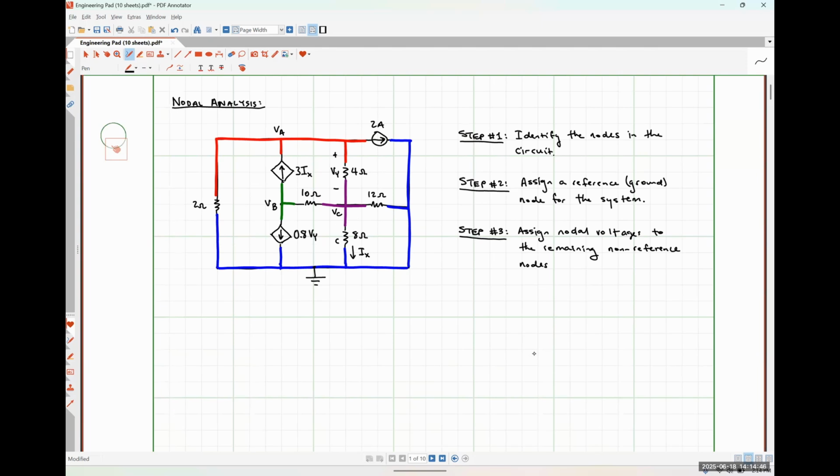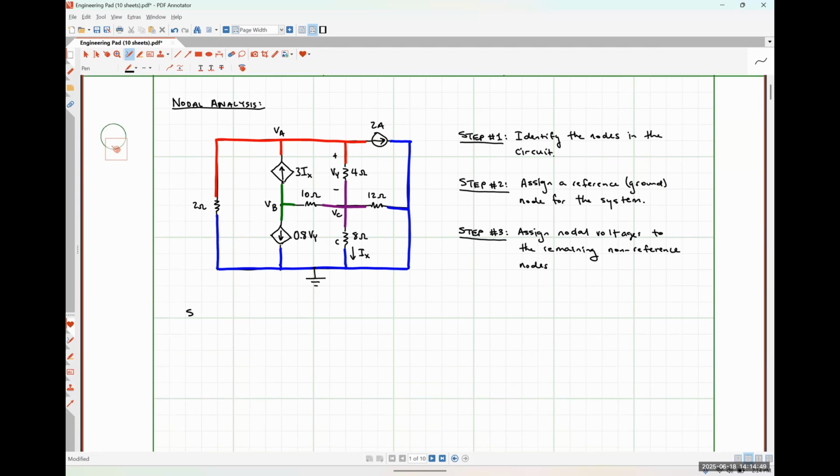So step number 4 is going to be express the controlling variables for the circuit in terms of the nodal voltages.